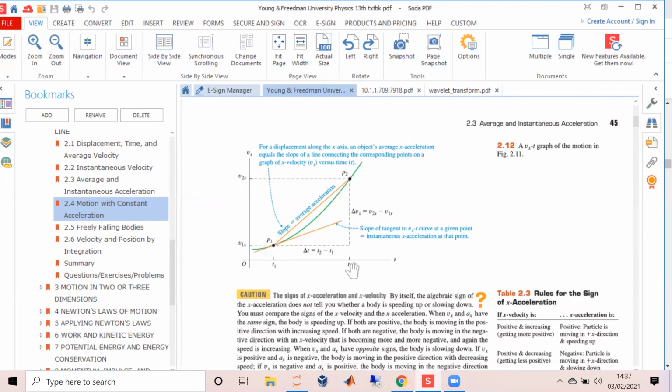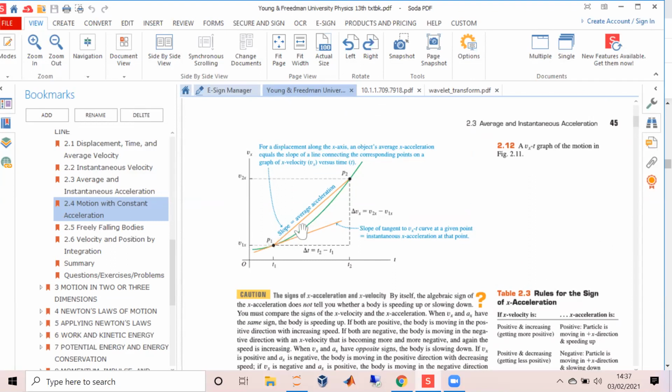Well, we know that the derivative is defined as the tangent line on a point, right? The tangent line to a function or to a curve on a point, right? And is the slope, sorry.